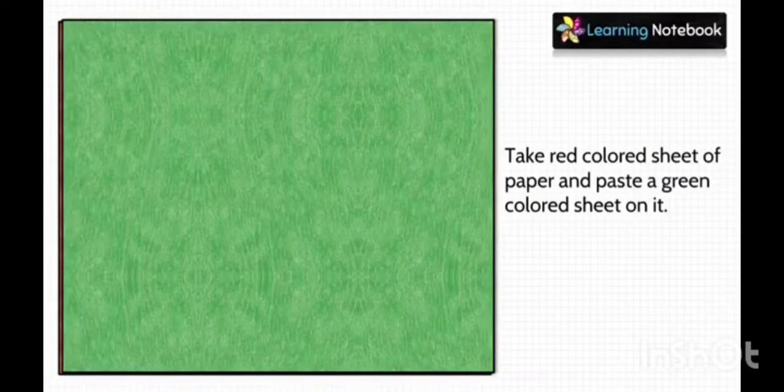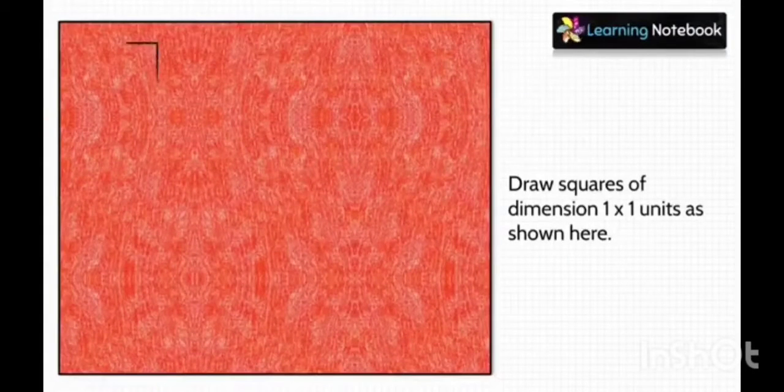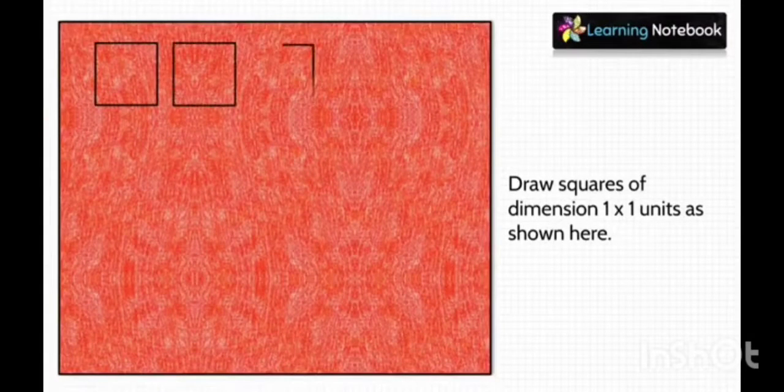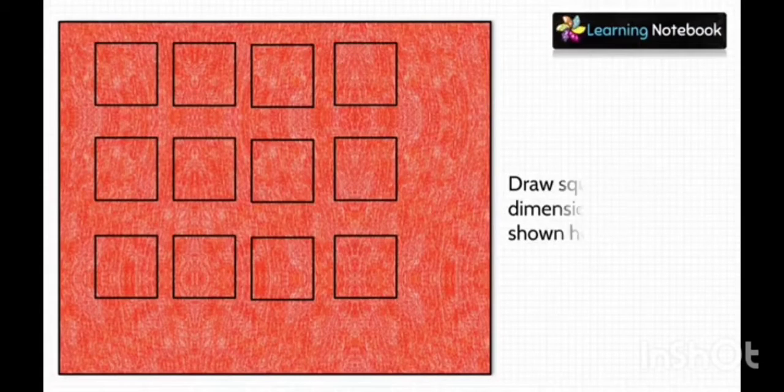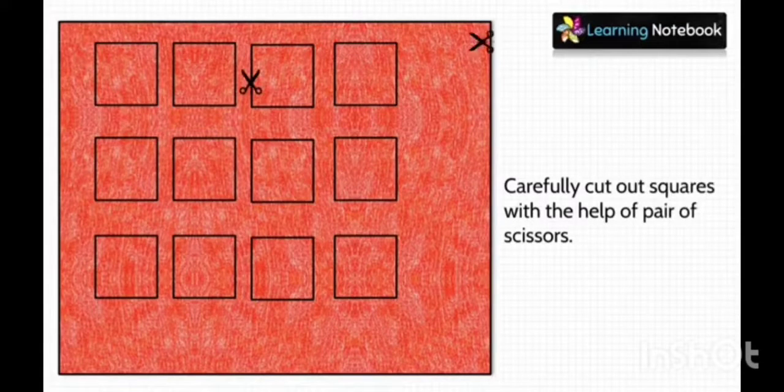In the first step, take a red colored sheet and paste a green colored sheet on it. Now on this, draw squares of dimension 1 into 1 units as shown here, and then carefully cut out these squares using pair of scissors.